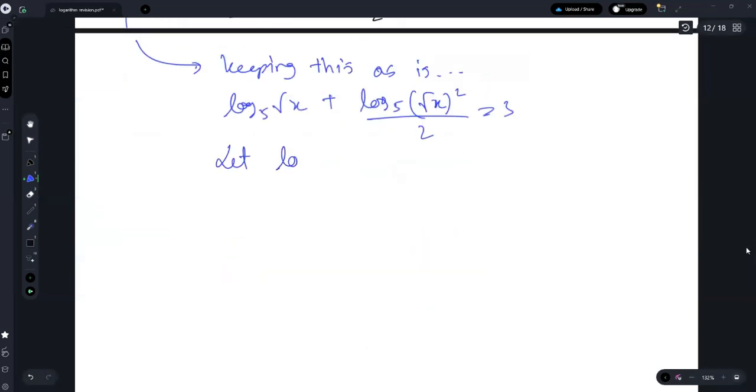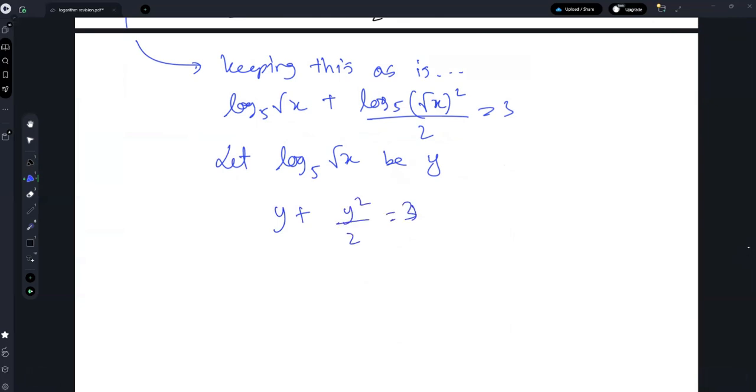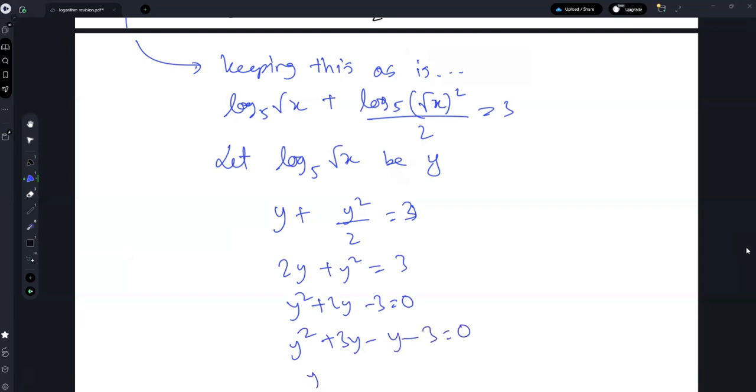Let log base 5 of root x be y. If that's the case, then we can write y plus y square by 2 equals 3. So I get 2y plus y square equals 3, y square plus 2y minus 3 equal to 0.